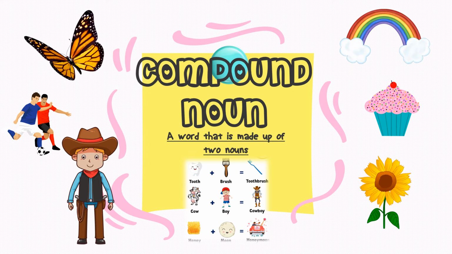So now look at the pictures here. All these 6 pictures. Can you name it? Butterfly, football, cowboy, rainbow, cupcake, and sunflower. Very good.